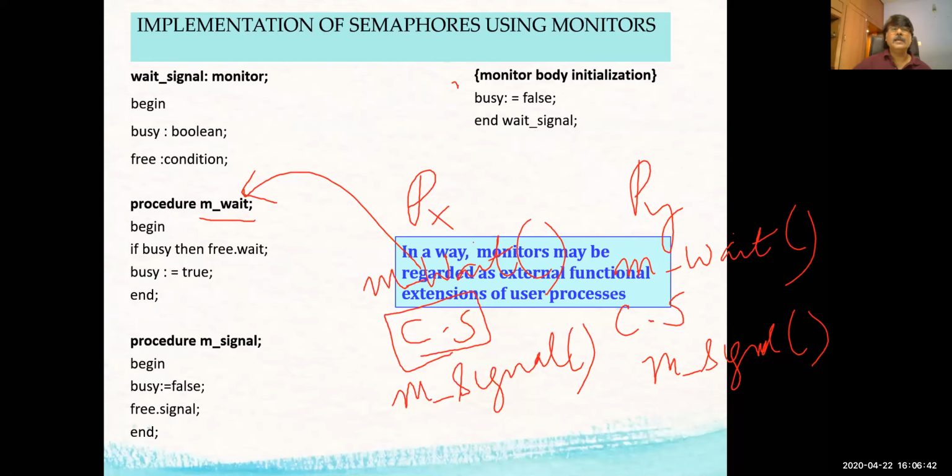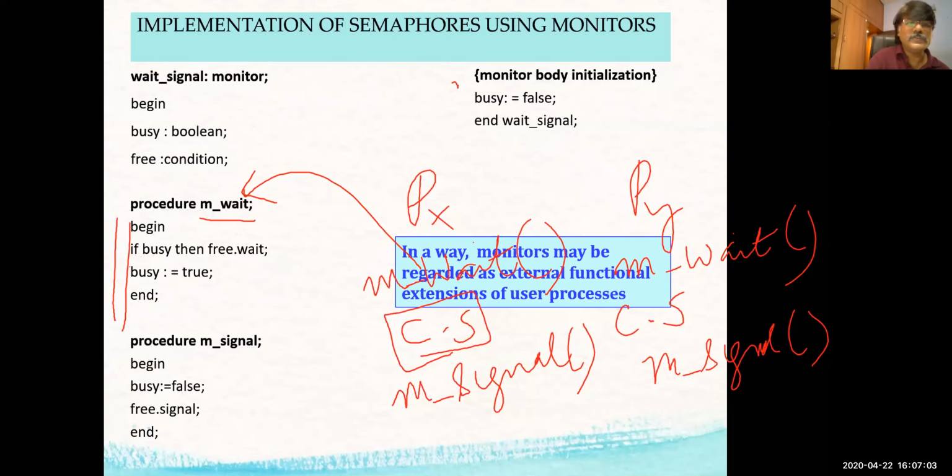Similarly, if you want to use the mWait function of a monitor, you are using an mWait function belonging to an outside class. Since it is a public function, it can be accessed by an outside process. So process X has invoked the mWait function, and mWait now starts executing on behalf of process X.